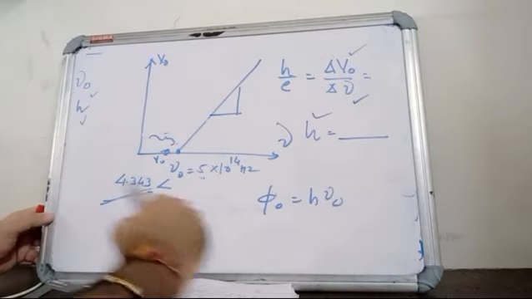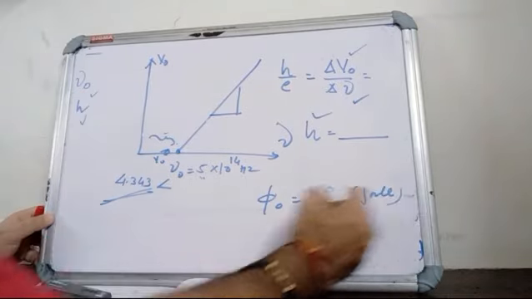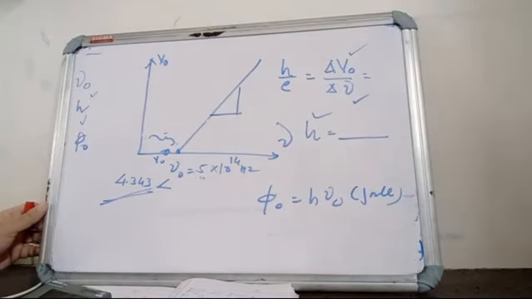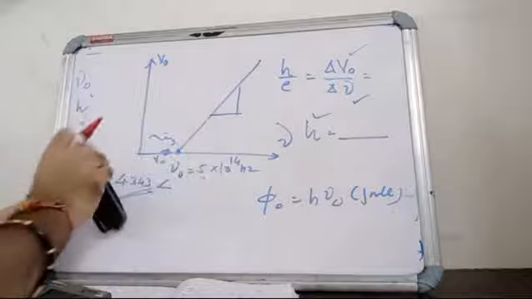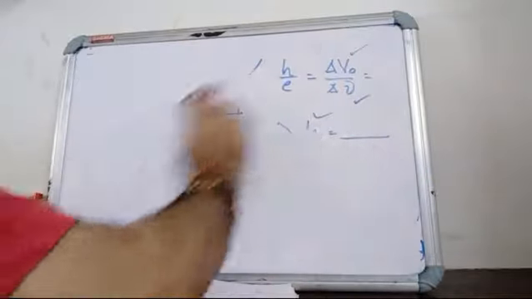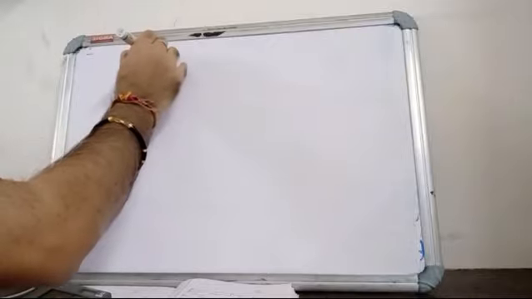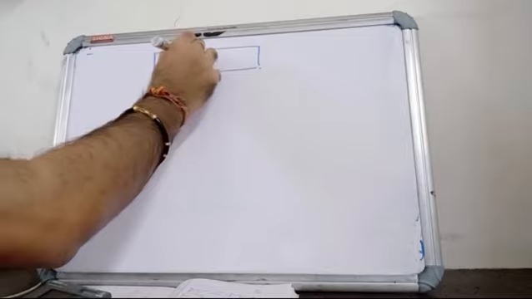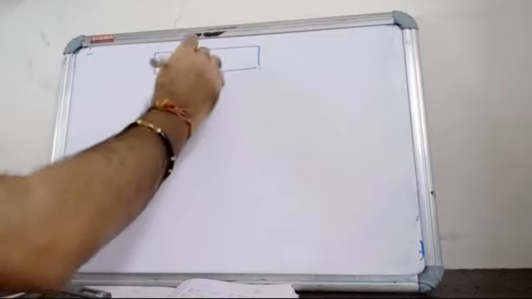I have 2 here. It will be in terms of joule. Divide by 1.6, then it will be in terms of eV, right? So let me summarize the steps. First step, we are given wavelength, right?